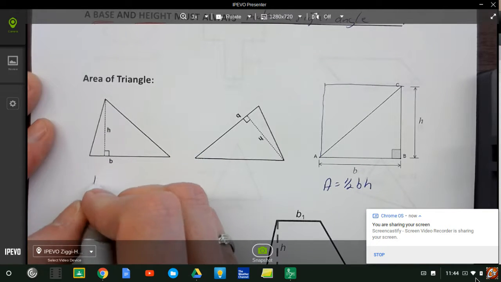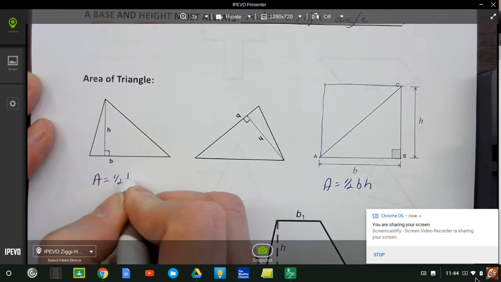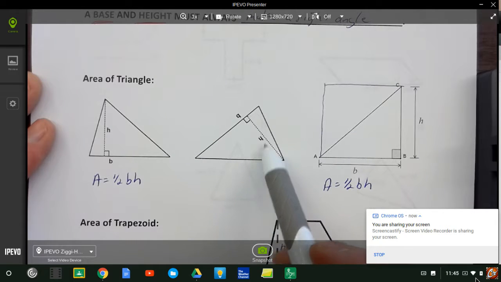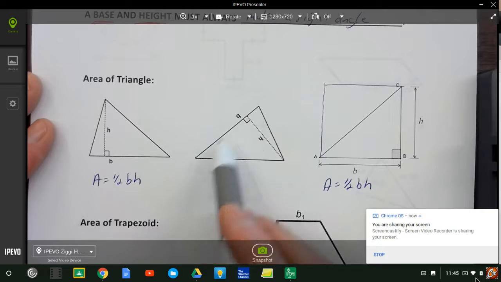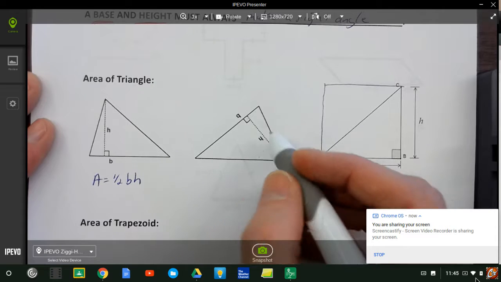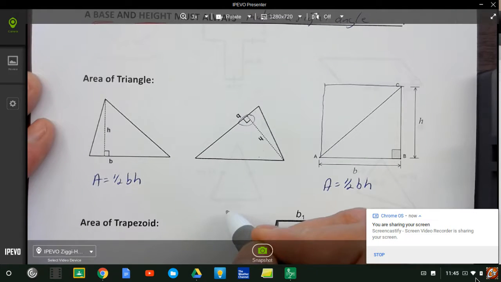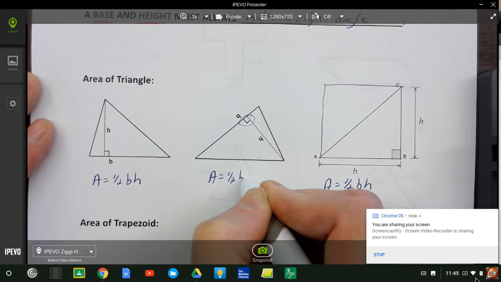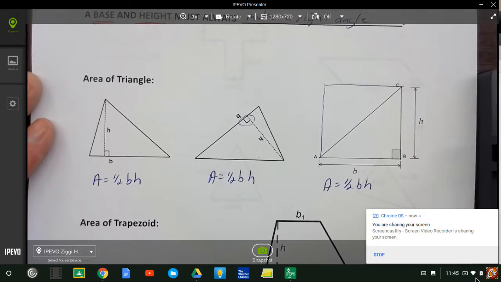So here's area equals half base times height. Be careful. Make sure your base and height make a right angle. If I spun this thing around, you could still use this as the height and this as the base. The base does not have to be the bottom. So many students want to draw in a new height and make the problem more complicated. Look for that right angle. That's what you're going to look for, your base and your height. So this one's still half base times height.